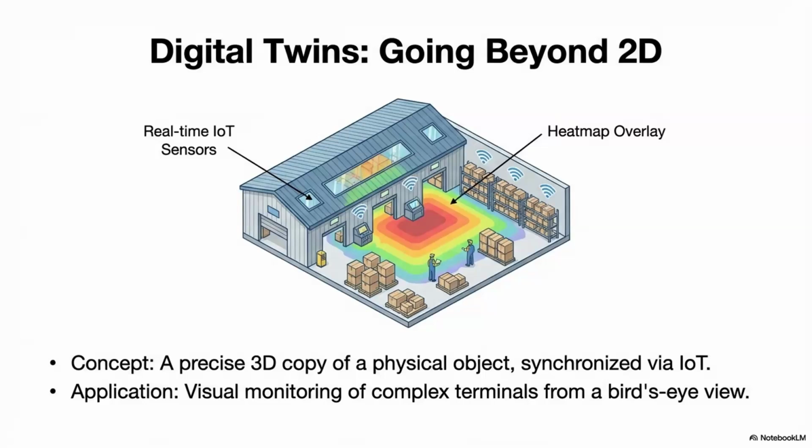The manager sees not just aggregated statistics, but the realistic movement of 3D models of forklifts and personnel between aisles. Moreover, a color heat map is overlaid directly onto the virtual multi-level racks in real time, instantly highlighting zones of critical load, or conversely, idle equipment.